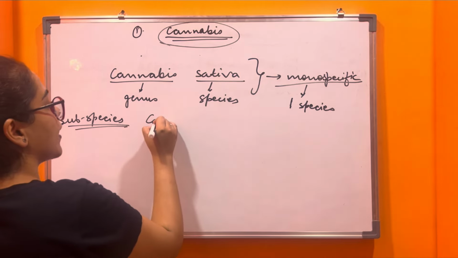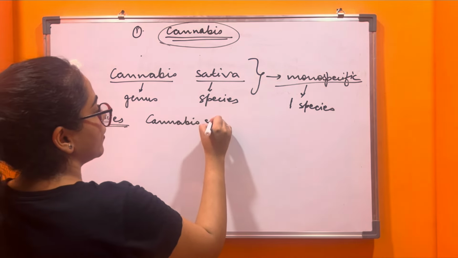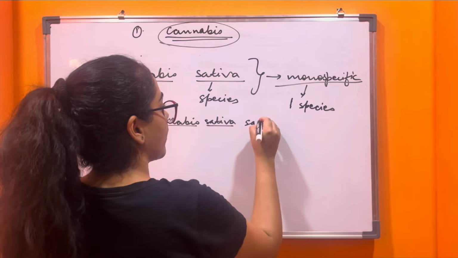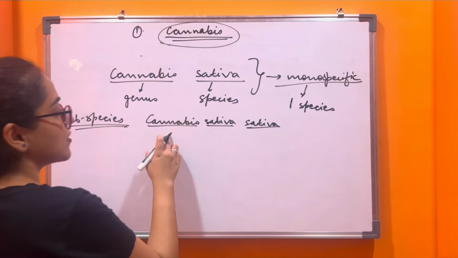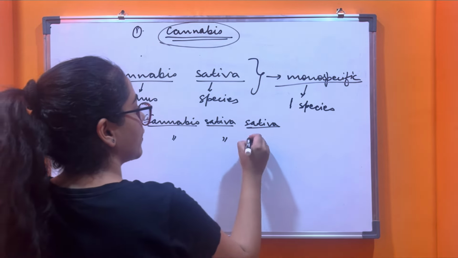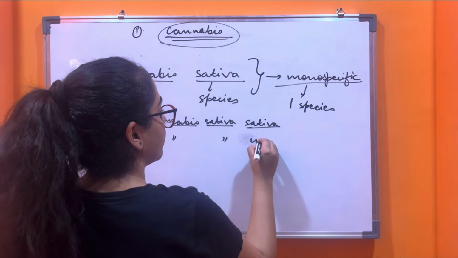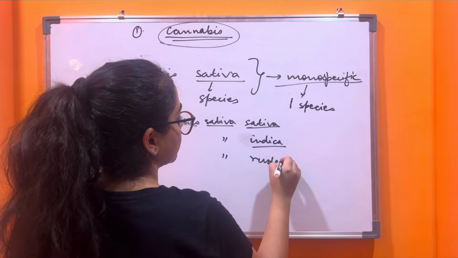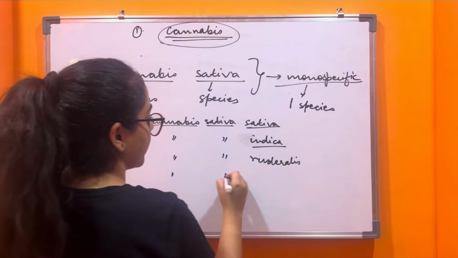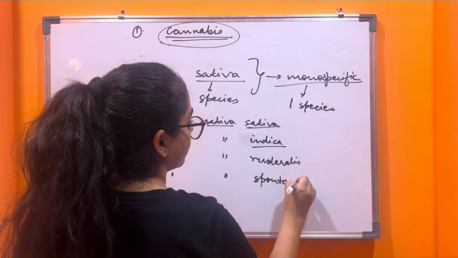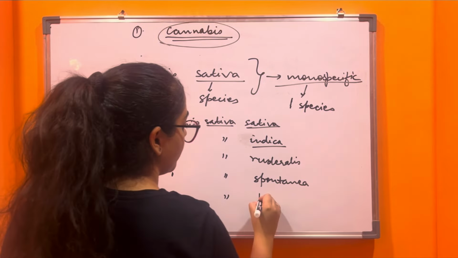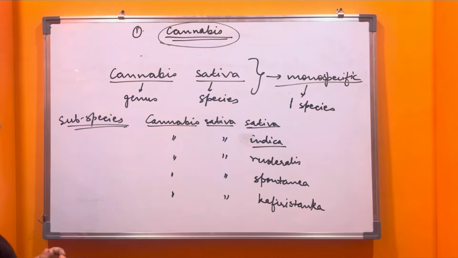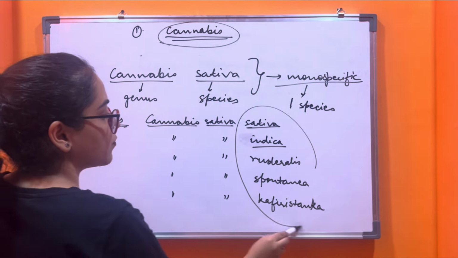So we have Cannabis sativa, which is the genus and species, and then we have subspecies. We call them Cannabis sativa sativa, Cannabis sativa indica, Cannabis sativa ruderalis, Cannabis sativa spontanea, and Cannabis sativa kafiristanica.